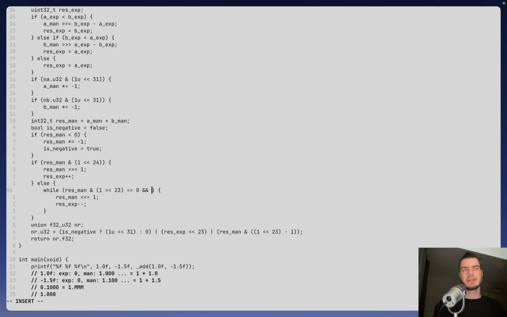And then later we can check if that was true. Oh no, actually we should handle that, because our exponent is an unsigned integer, and we really shouldn't decrement it if it's currently 0.